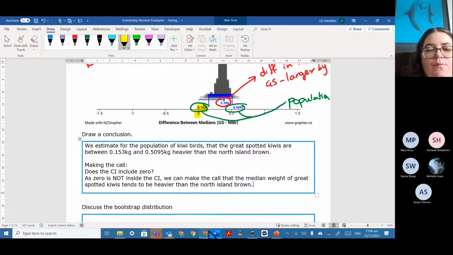So again, I'm wanting to refer to the population, and so I should actually be good and say for all kiwis, and to include that as my population of all kiwis.